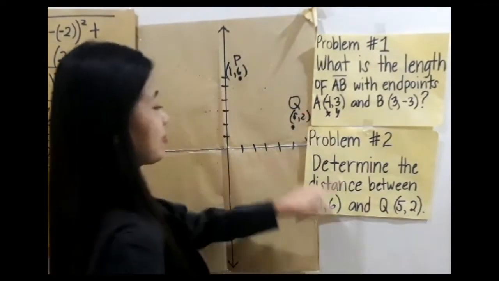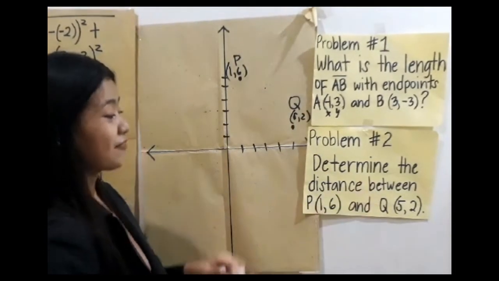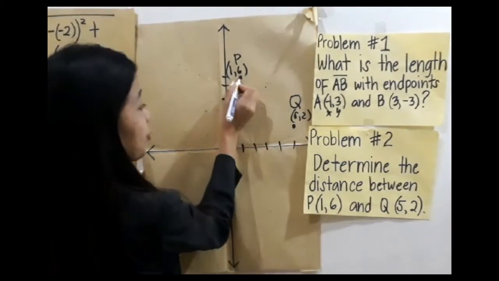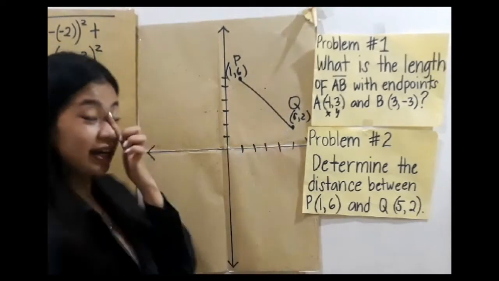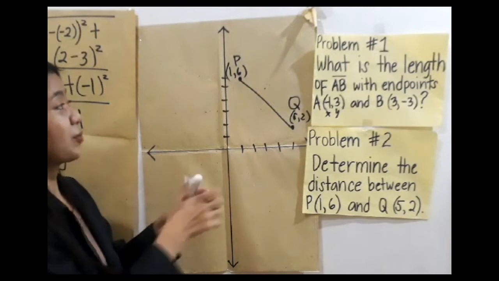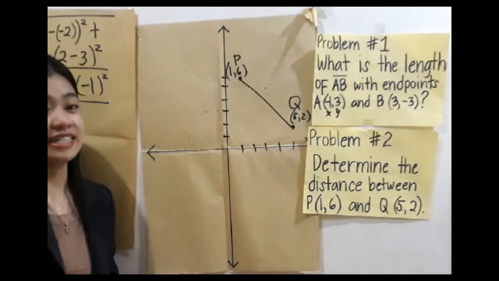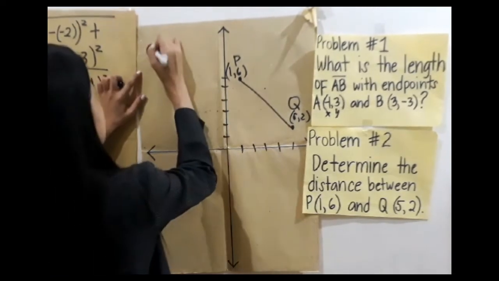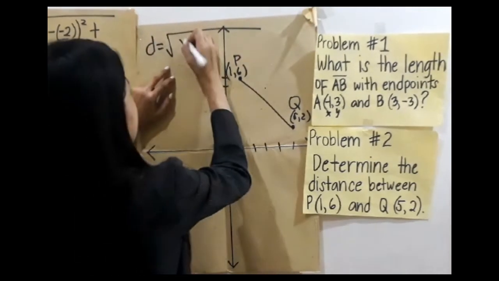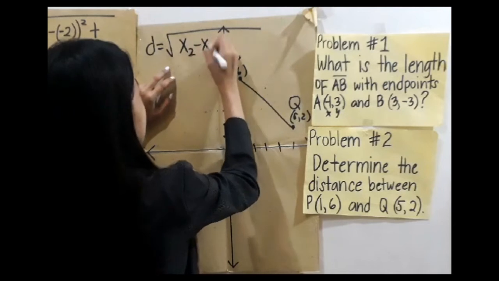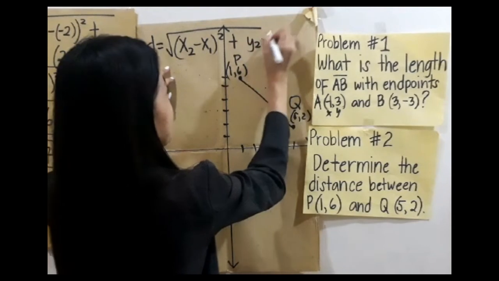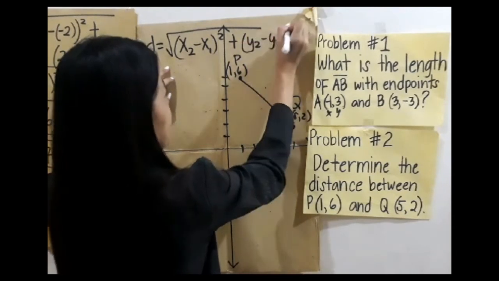And again, the problem is we have to find the distance between these 2 points. Okay? So again, we have to plug in the values of the x and y coordinates into our distance formula. Our distance formula is equal to the square root of the quantity of x sub 2 minus x sub 1 squared plus the quantity of y sub 2 minus y sub 1 squared.